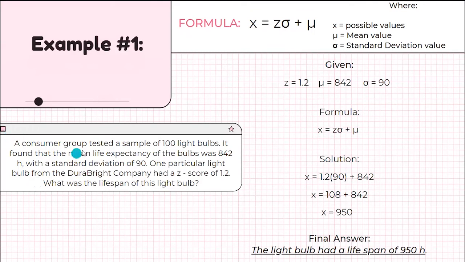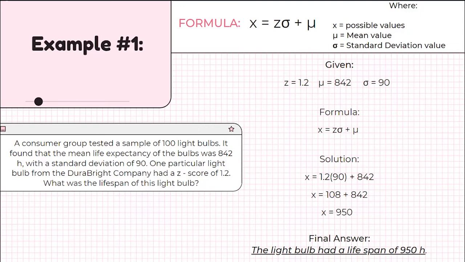Example number 1. A consumer group tested a sample of 100 light bulbs. It found that the mean life expectancy of the bulbs was 842 hours, with a standard deviation of 90. One particular light bulb from the Dura Bright company had a z-score of 1.2. What was the lifespan of this light bulb?